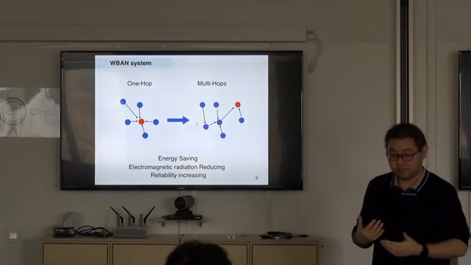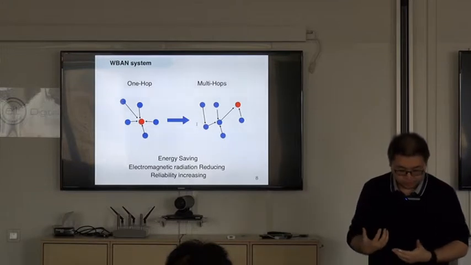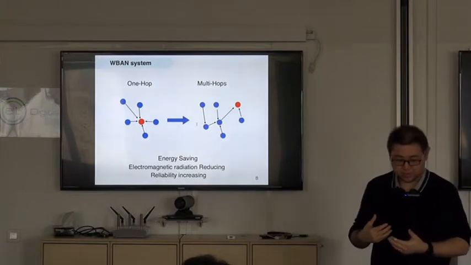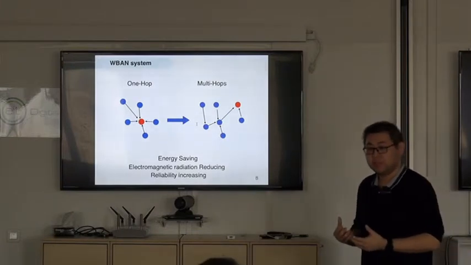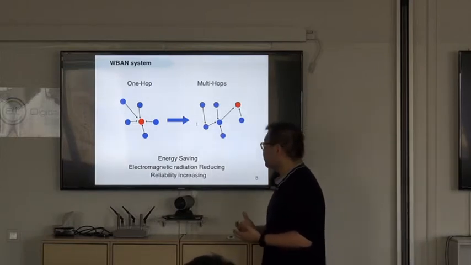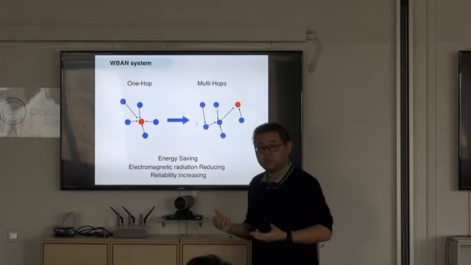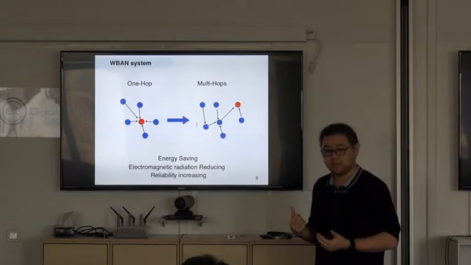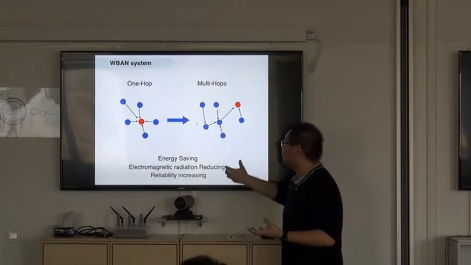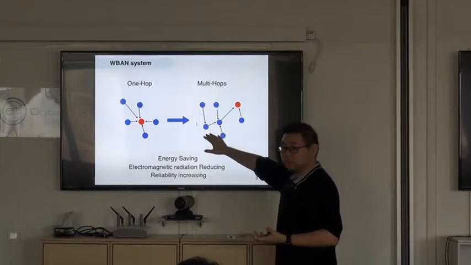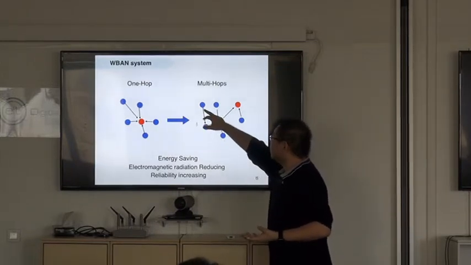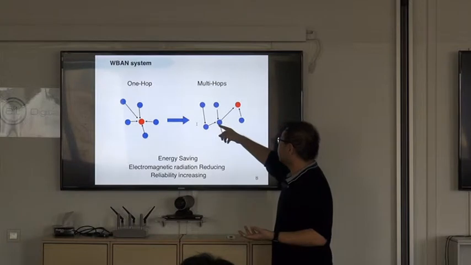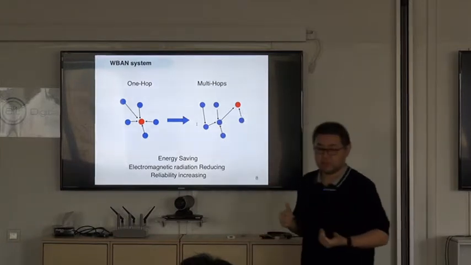Because of the movement of the human body, and because of the reflection and blocking by the human body, it's very hard to guarantee that every node has a direct connection to the sink. So in this case, we give every node a probability, a chance to be a relay node, so that they can receive messages from their neighbors and resend them, so that the packet can be sent all the way to the sink.